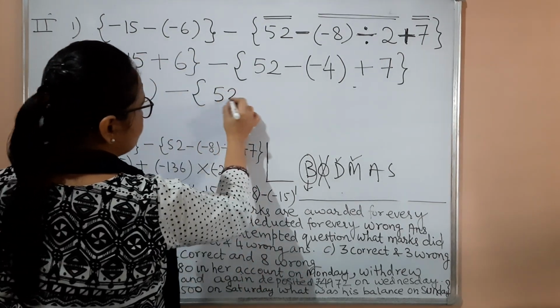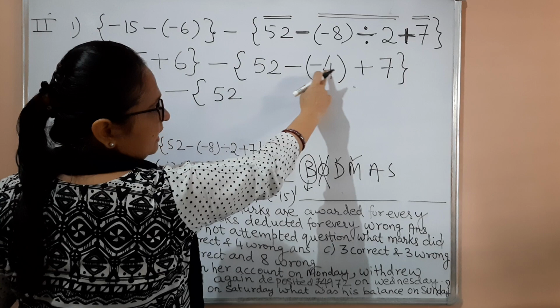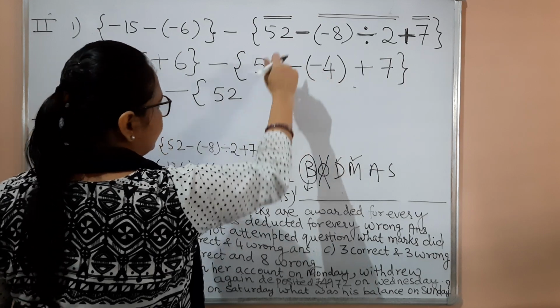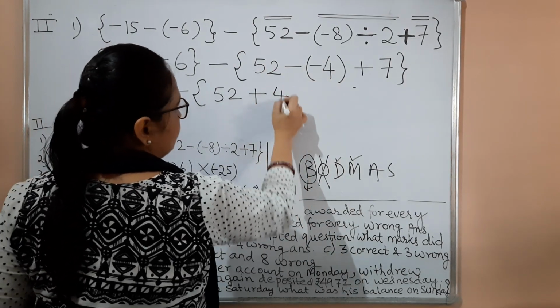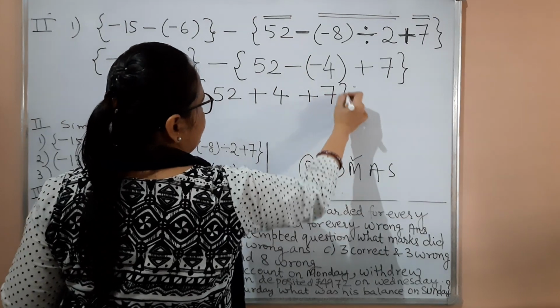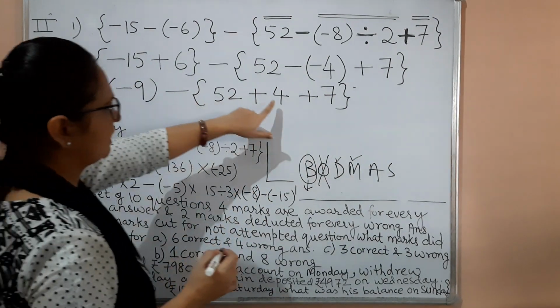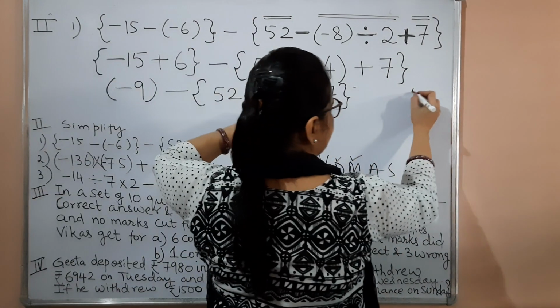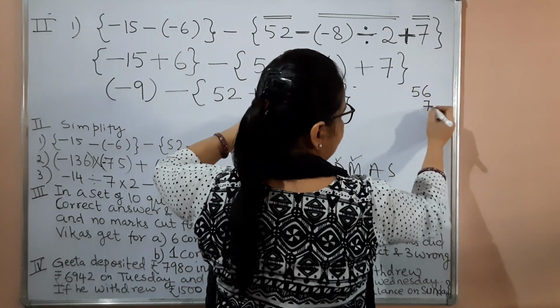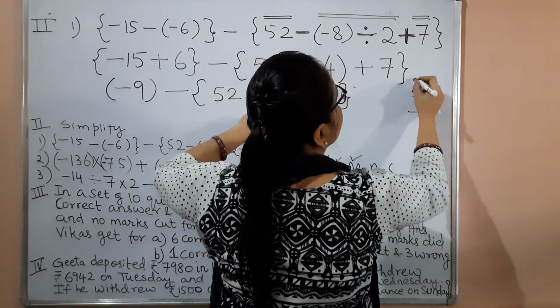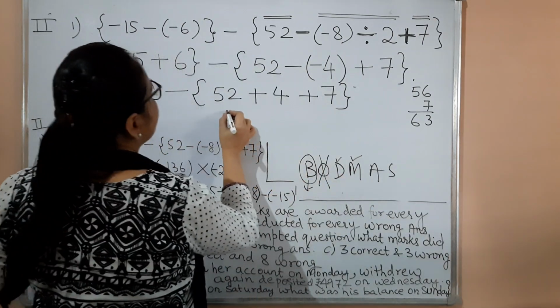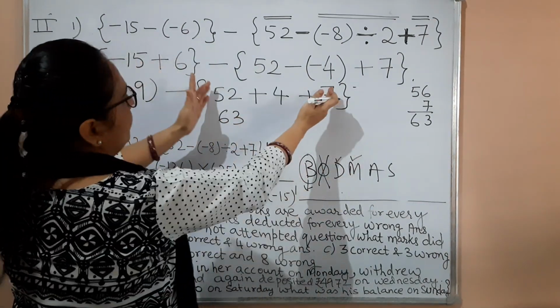We have 52 minus of minus, again the additive inverse of minus 4 is plus 4, plus 7. Now we all know 52 plus 4 is 56, 56 plus 7 is 63.